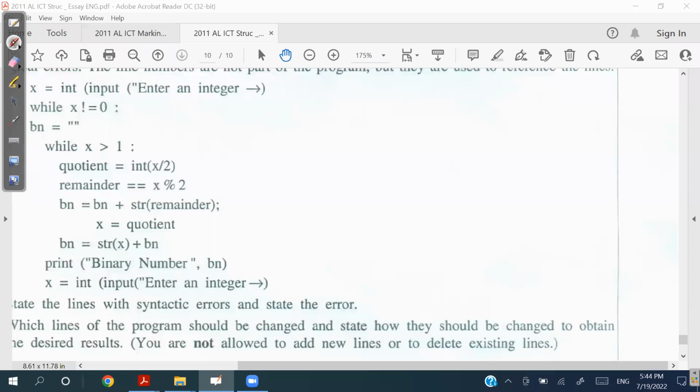So to do that, you have to go with the hand tracing part. And when you are hand tracing, remember, since this is converting a decimal value into a binary value, be careful to take some particular value which is not symmetric.